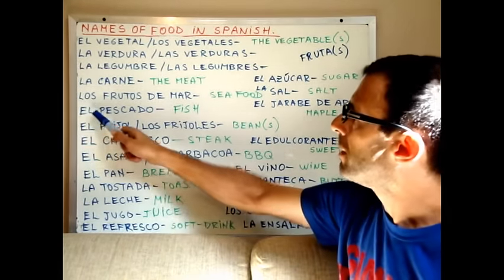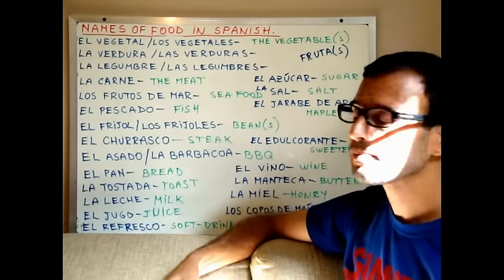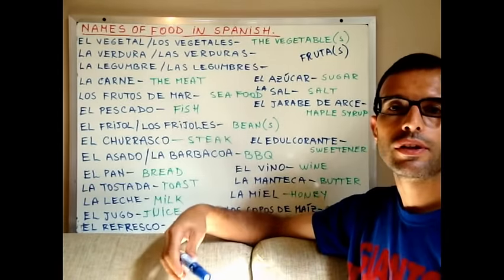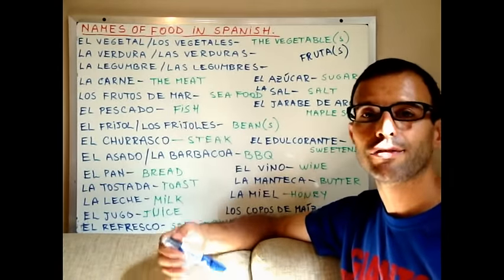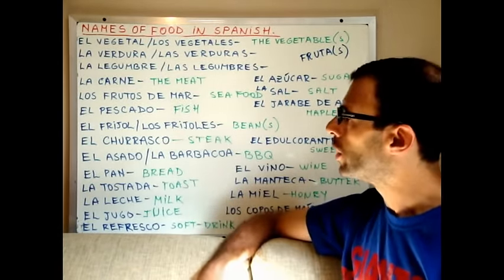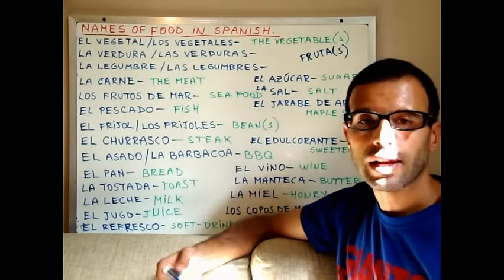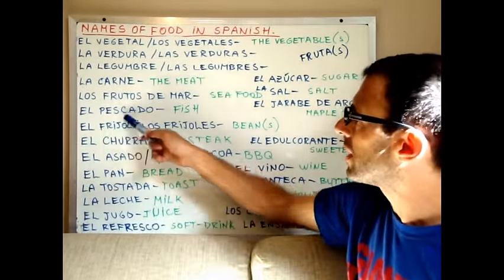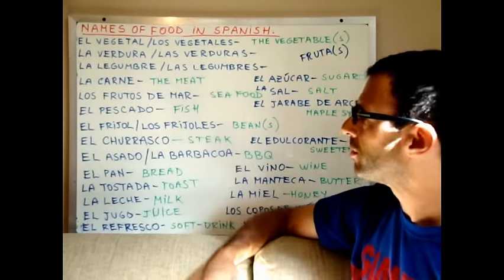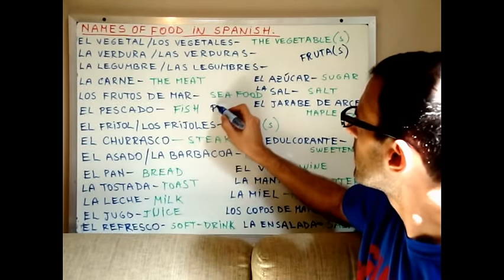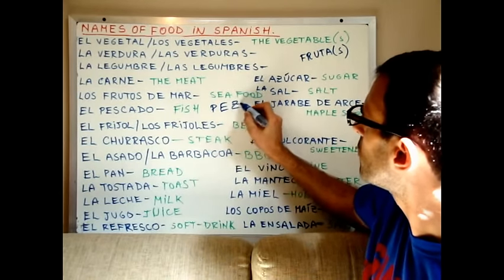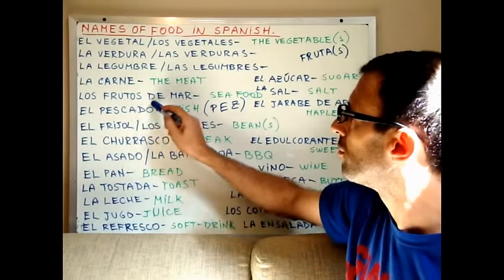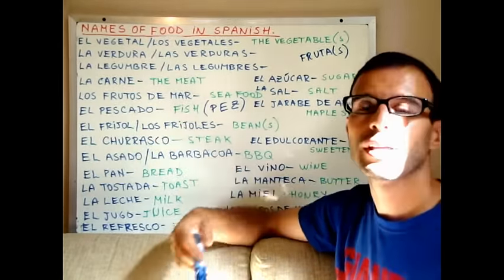Then we have el pescado, which means fish. But pescado means fish in the sense of the fish we eat, or the dead fish. When we talk about fish that is alive or that is in the sea, we do not say pescado, we say pez. Pez is the word for fish when it is alive, when it is free. And pescado is the word for fish when it has been fished.